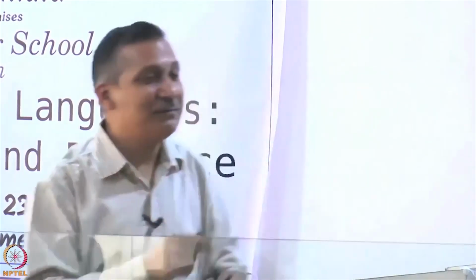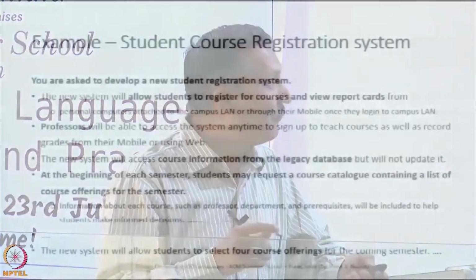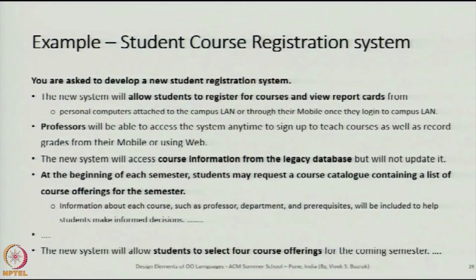There is a slight difference between abstract data types and objects or classes, but we will talk about that later if we get time. But the main thing here is that when we are defining this type of system, we want it to be extensible and maintainable. It should be in a way that if somebody wants to understand it, he should be able to understand it easily.